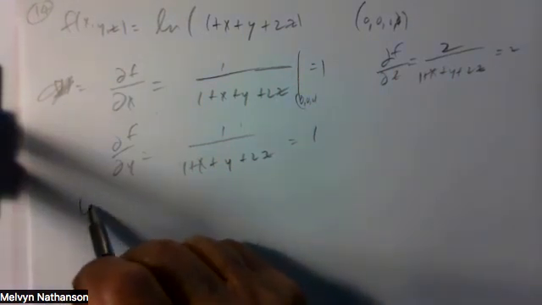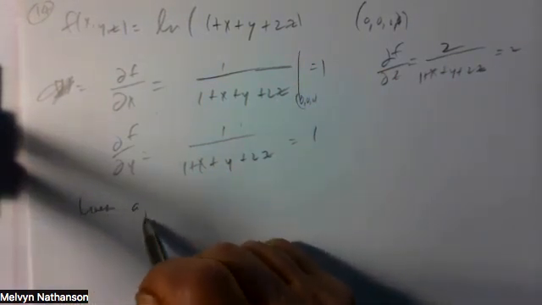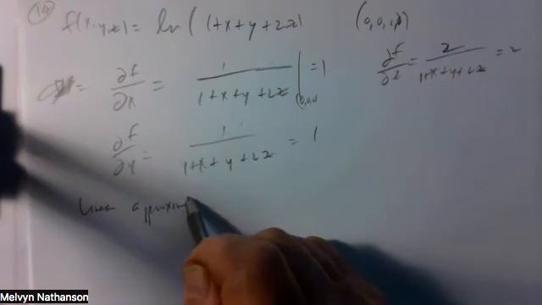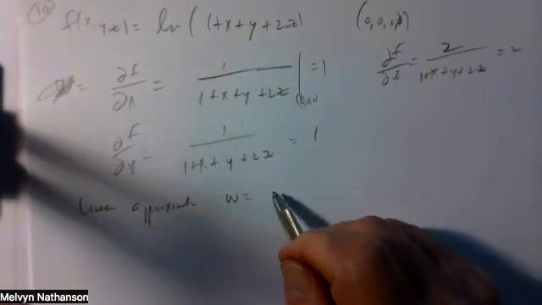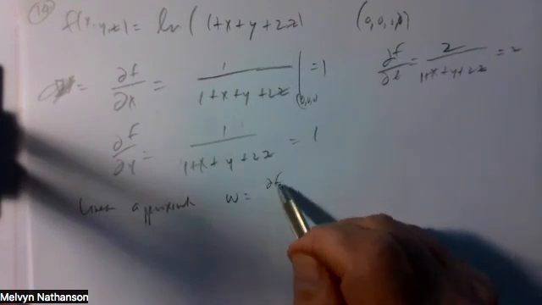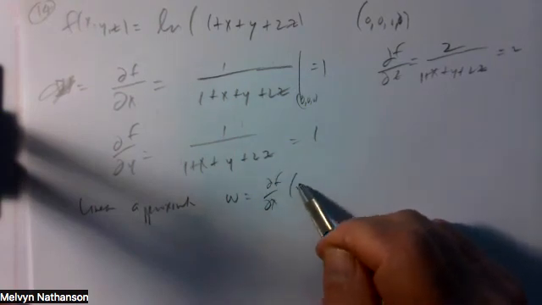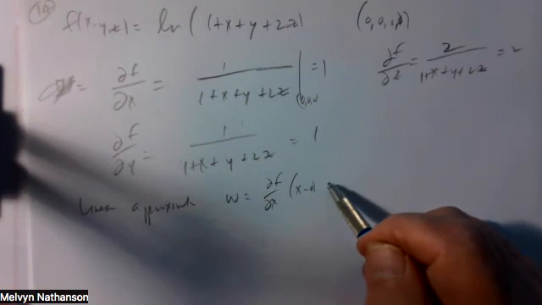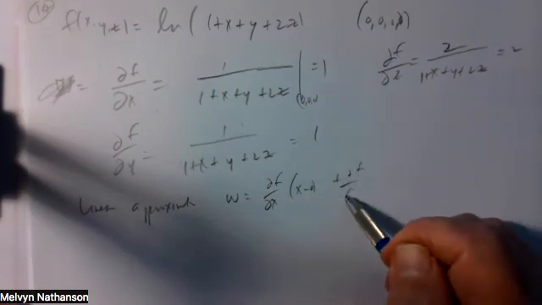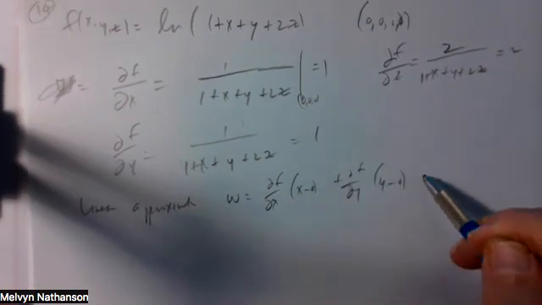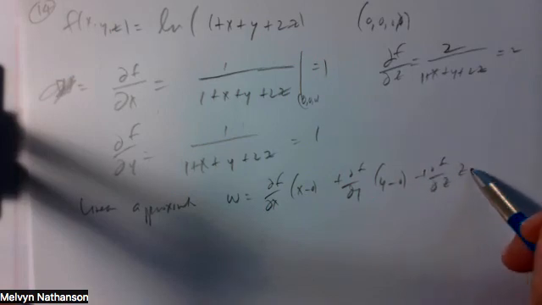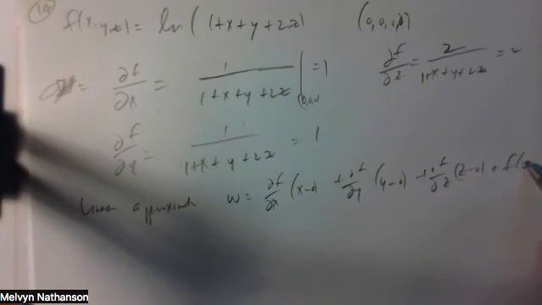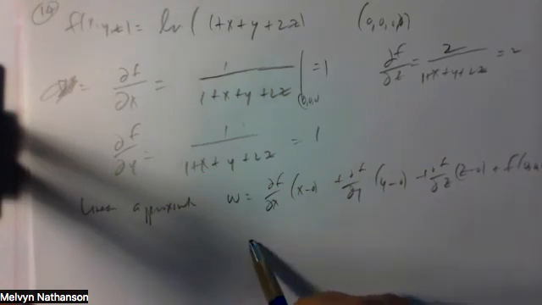So my linear approximation to this function is W equals partial of f with respect to x times x minus 0, plus the partial of f with respect to y times y minus 0, plus partial of f with respect to z times z minus 0, plus the value of the function at 0, 0, 0.